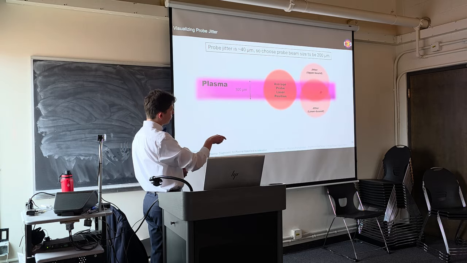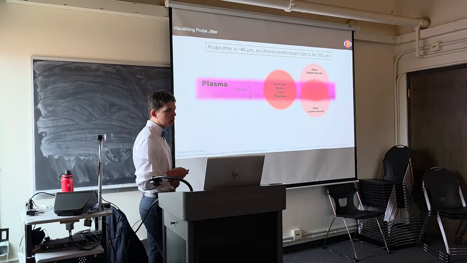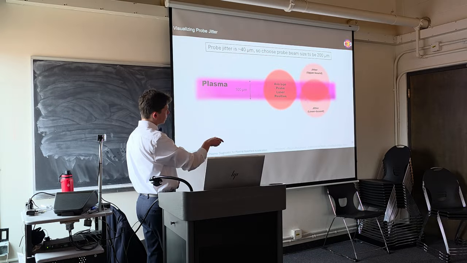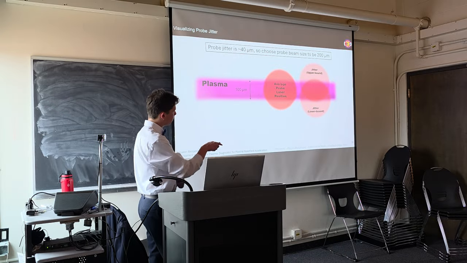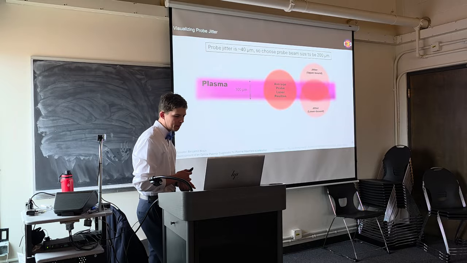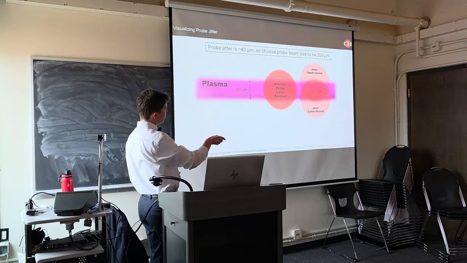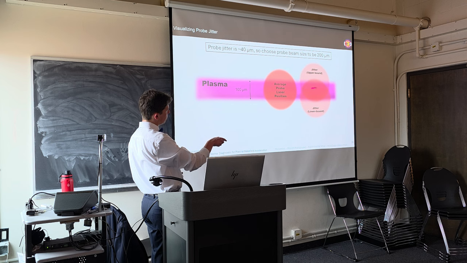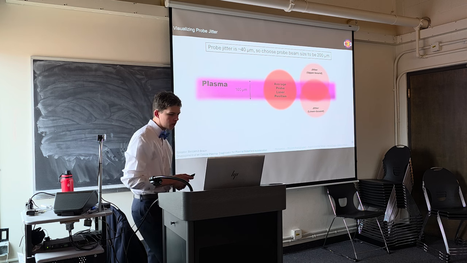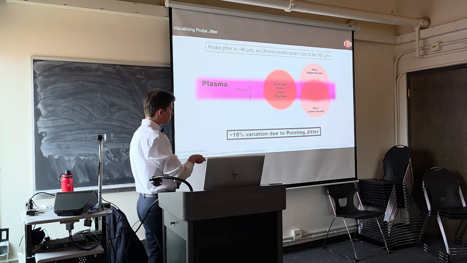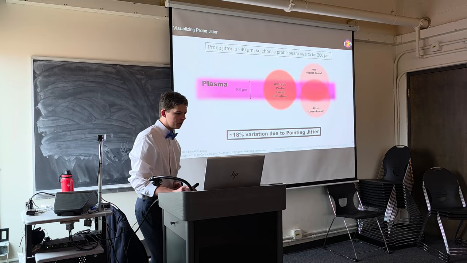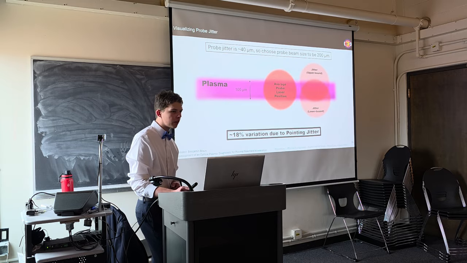If we're off by 40 microns, we still catch mostly plasma, and we're just maybe clipping at the bottom here. Now the variation between the areas here, between them catching the pulse off center and then being centered on the plasma, is about 18% variation. And we have some methods to improve that, and I'll talk about it in just a second.